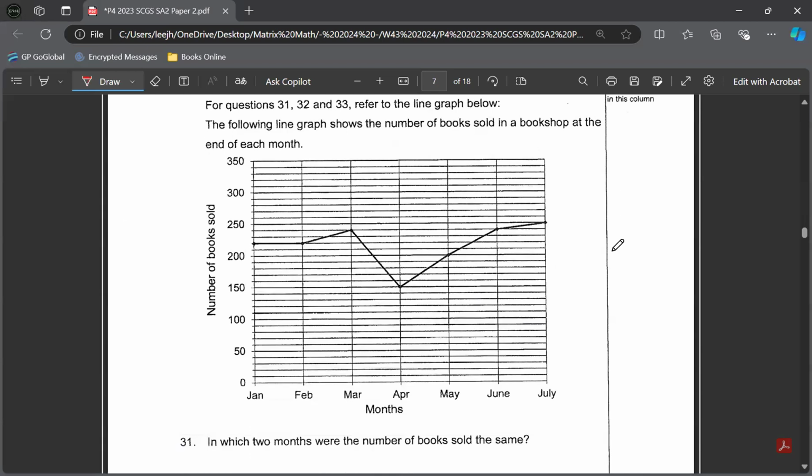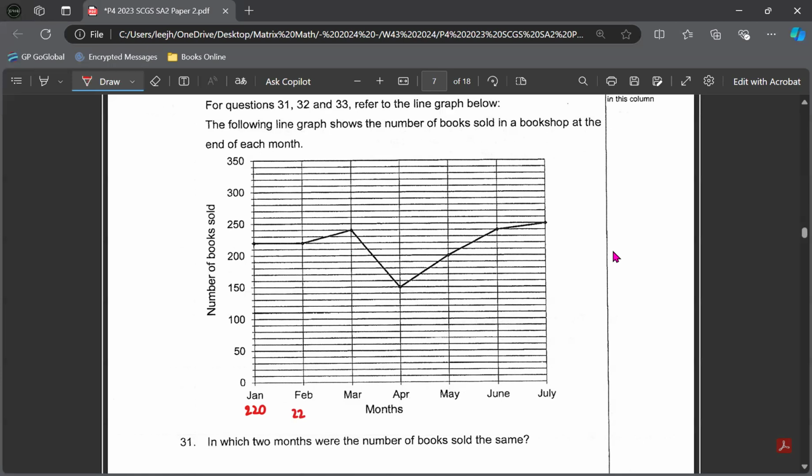Next question. It says that for the following questions 31, 32, and 33, refer to the line graph. The following line graph shows the number of books sold in a bookshop at the end of each month. So for January, each marking is a reading of 10 because this is 0 to 50, 5 markings. January, you have 220 books sold.